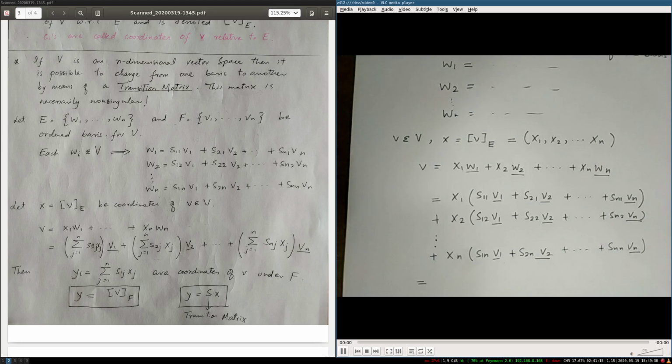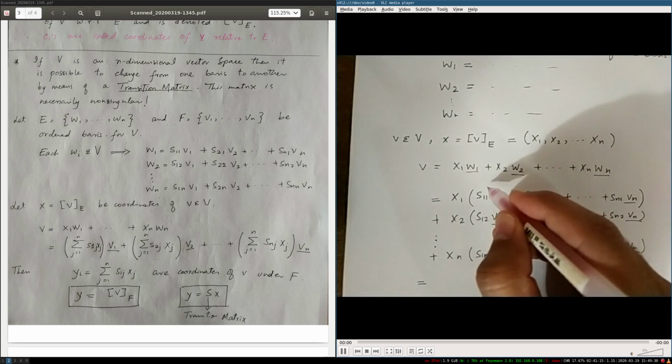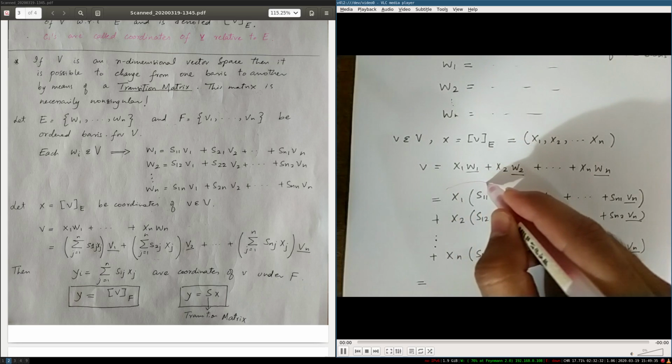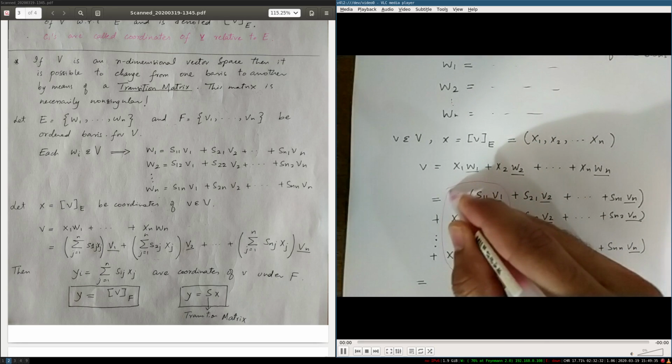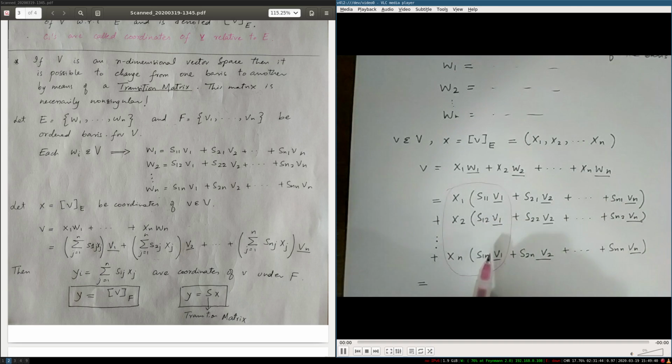If I collect all of these terms, all of this is addition happening, and so I can just add these terms together and write them in a nice summation notation.